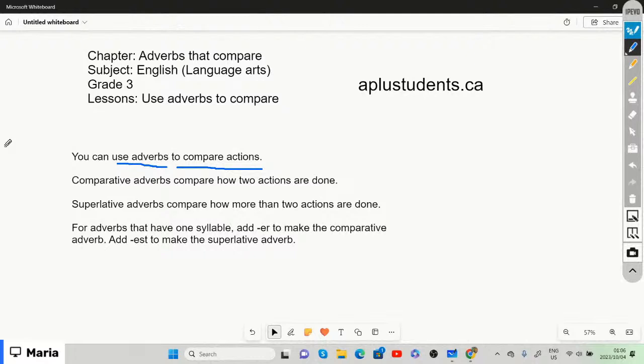And the comparative adverb compares how two actions are done. Only two. So you're comparing two actions, and we call that a comparative adverb.